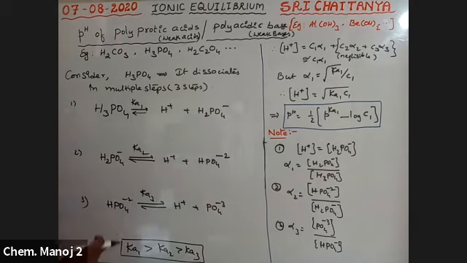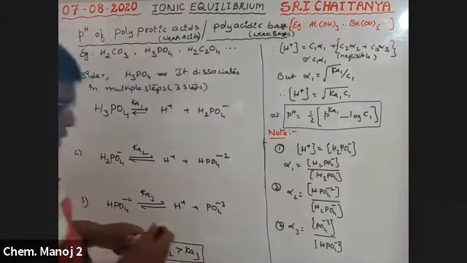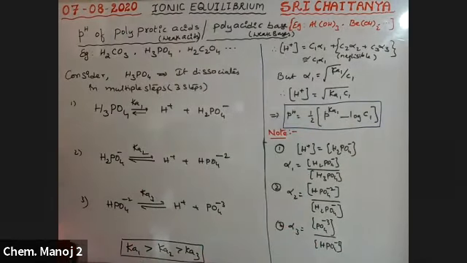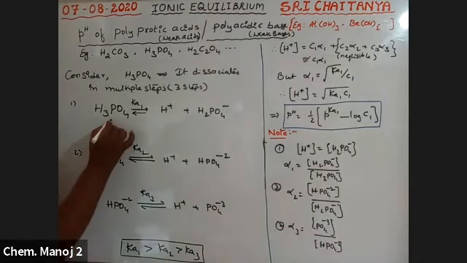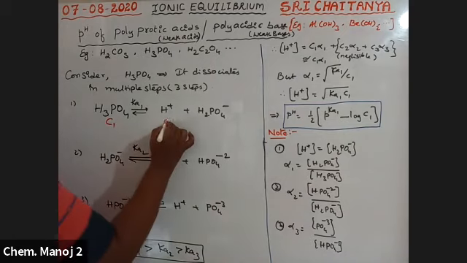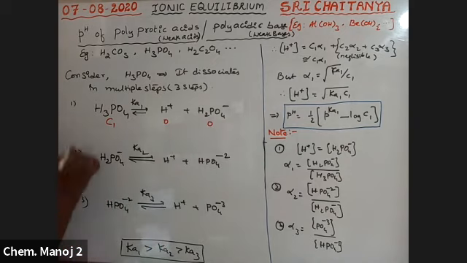So how do we find the pH of this type of acid? Let C1 be the initial concentration of H3PO4.